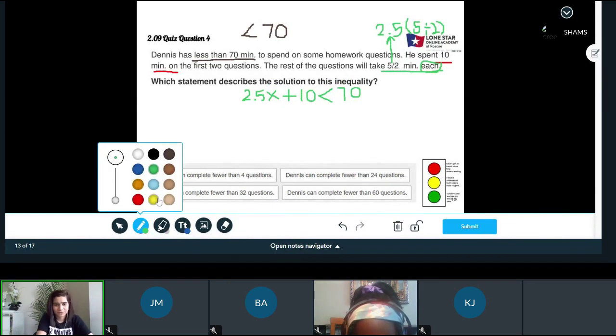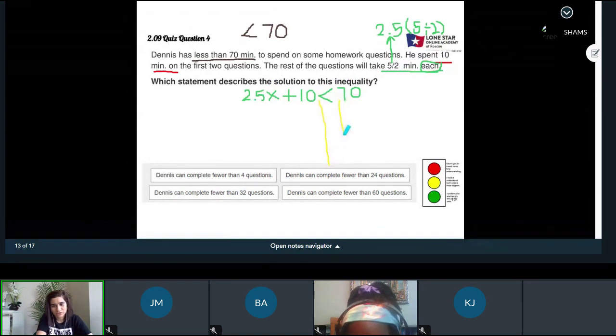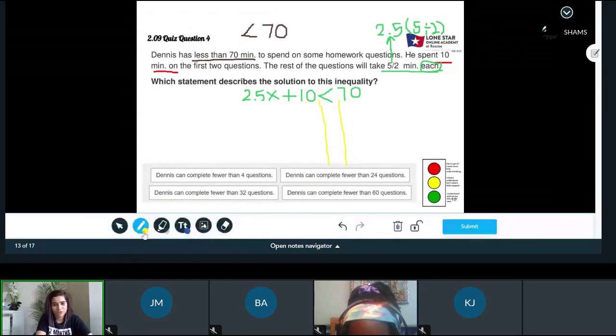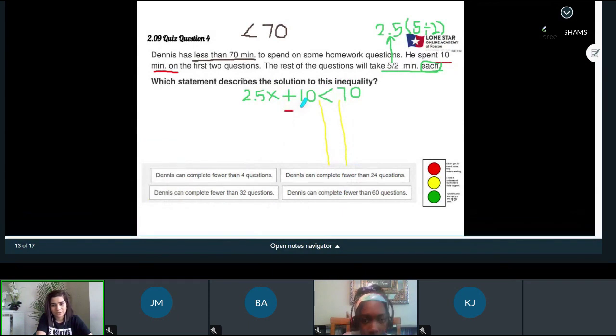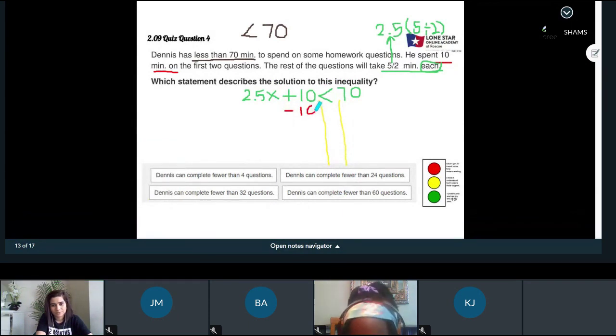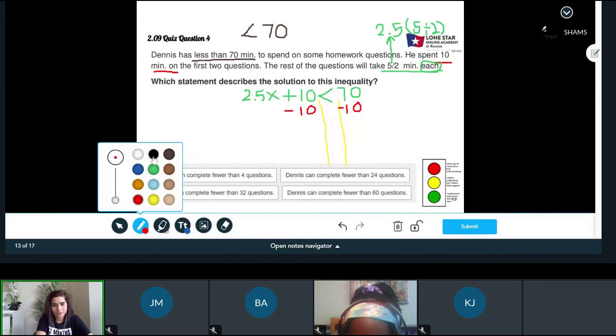To solve this, we will first get rid of the constant. And the constant is plus 10. To undo a plus 10, you will subtract 10 from both sides. Let's see after subtracting, how does that look?